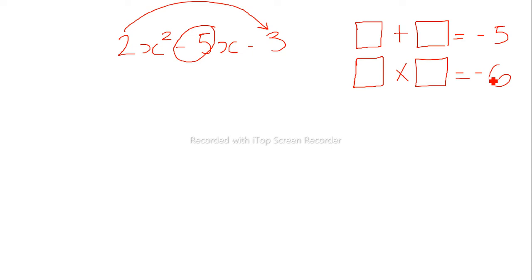How about 2 times negative 3? That's negative 6, but 2 plus negative 3 is negative 1.